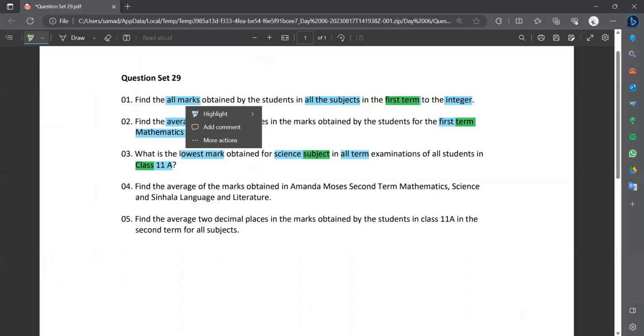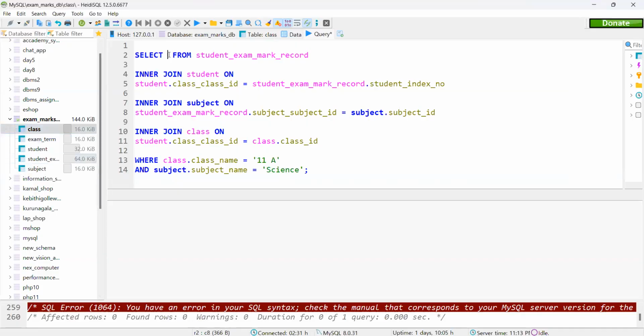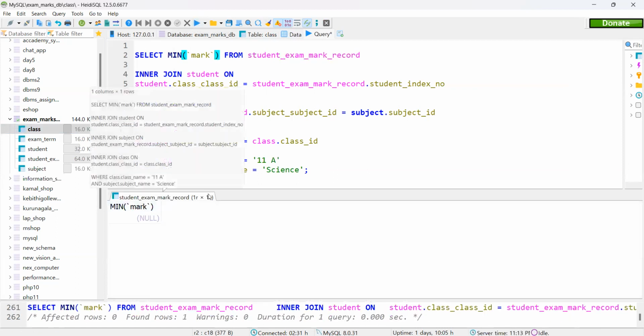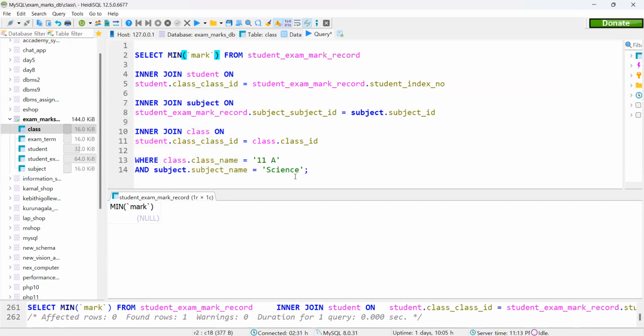They are asking about the lowest mark. We put the subject, class name, subject name.